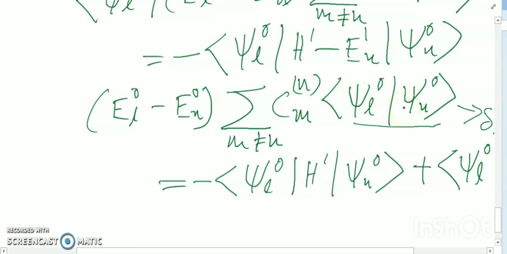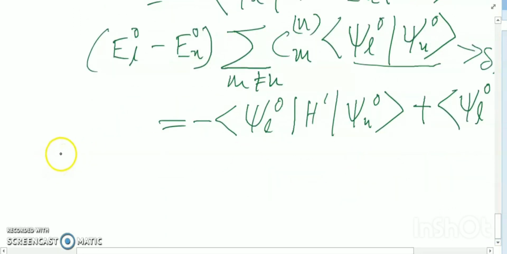Suppose l equals m, this portion kills the condition, so the summation vanishes with the Kronecker delta.